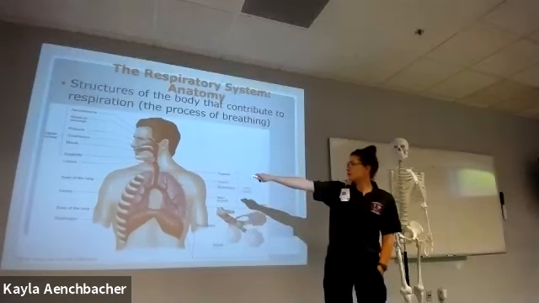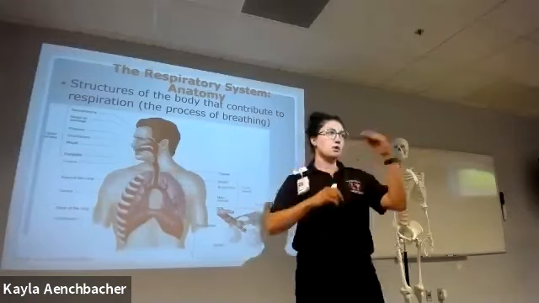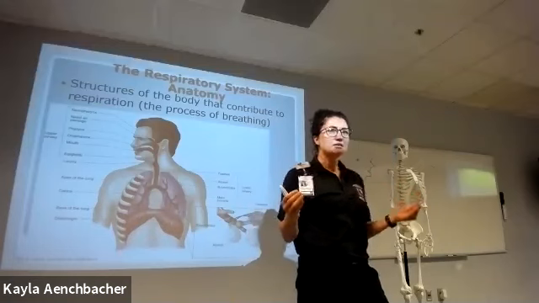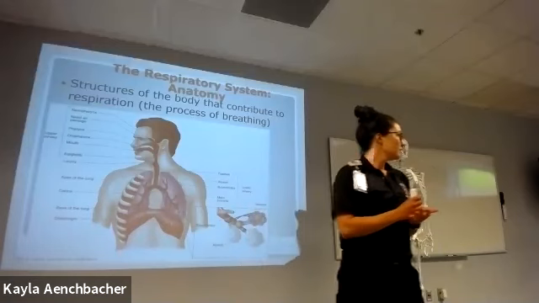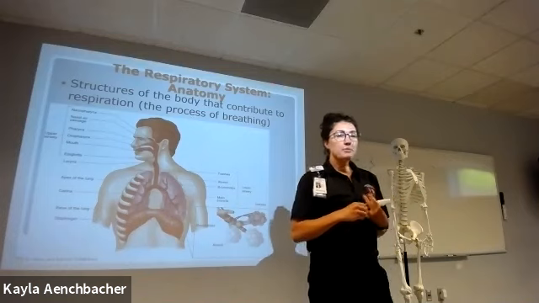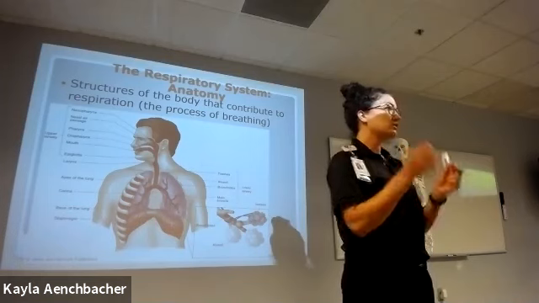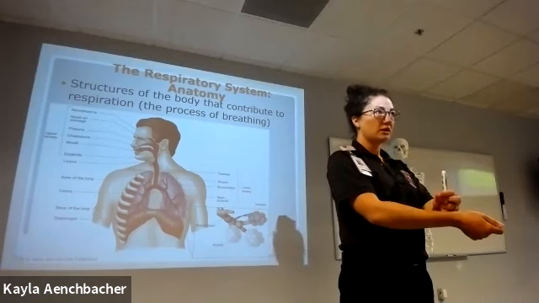Typically, the larynx right here is the dividing spot between your upper and your lower airway. What's contained in your larynx? Your vocal cords, your voice box. If you go through paramedic school, when you intubate, you're literally putting a breathing tube directly into somebody's trachea.